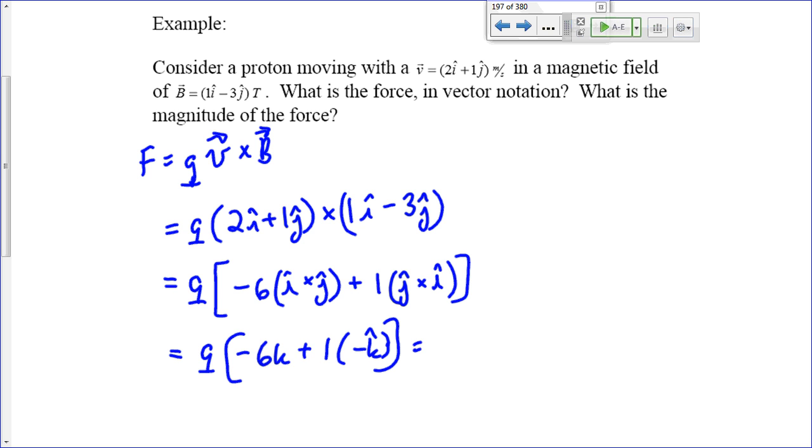So that's equal to Q times minus 7K. And Q for a proton, of course, you should just know that number. It's on your equation sheet, but the charge of a proton is 1.6 times 10 to the minus 19. Just as chemists, it's good for y'all to know that number. So fundamental unit of charge for proton times negative 7K.